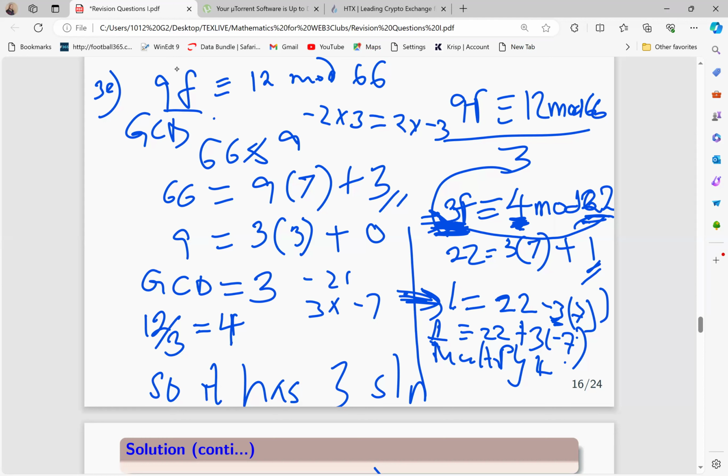Because 3 we have come with from the beginning, and it has always been positive. So if you are getting a product which is negative, then the intruder is the one which is negative, the one that we just obtained along the way.